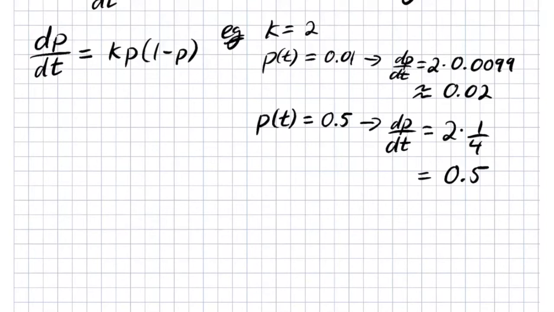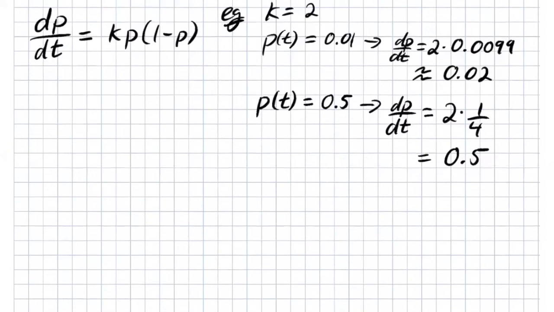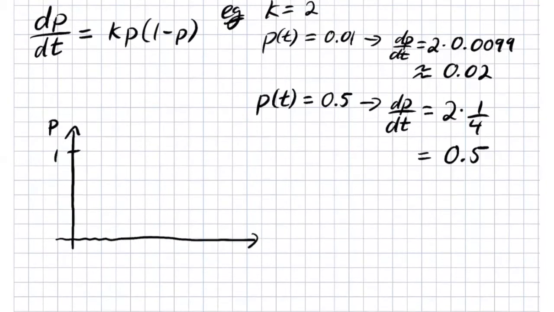So that's the idea. Oh, and by the way, let me quickly draw a picture of what a logistic curve looks like. This logistic curve has P here, and this is time. It's going to start pretty low, not exactly 0, then go up to some inflection point, and then approach 1 eventually.